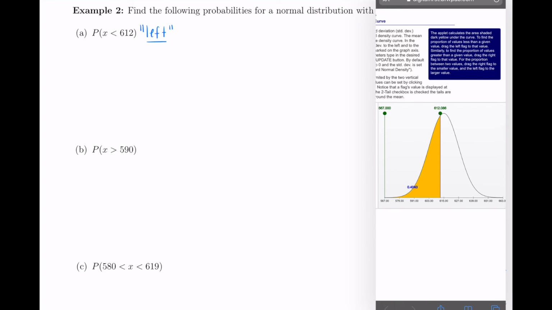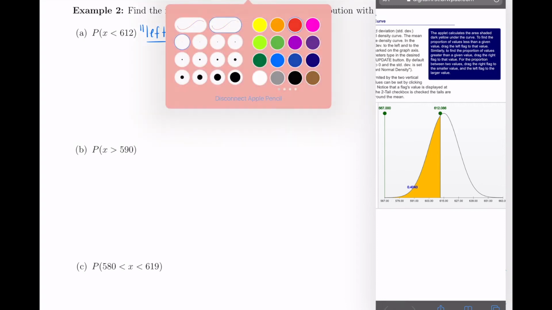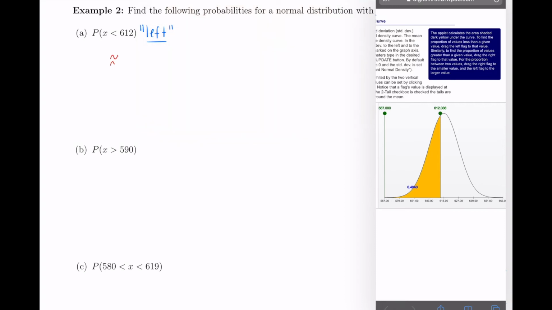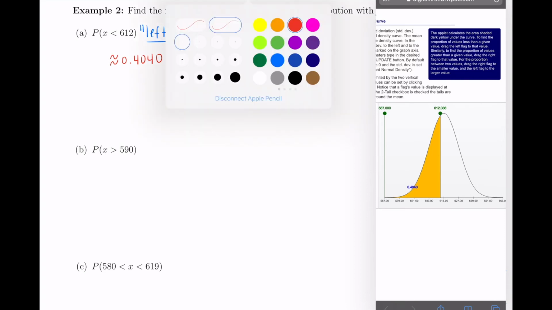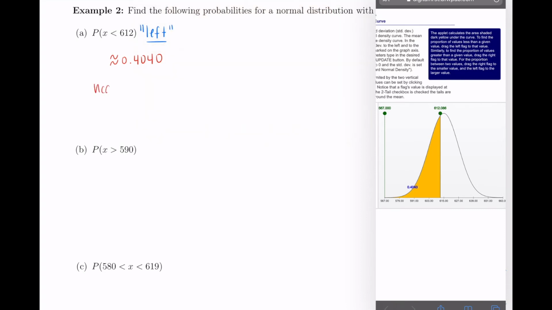So my probability here is not going to be perfect. I'm going to say that this is approximately equal to 0.4040.